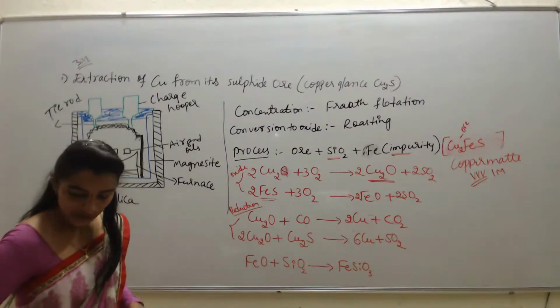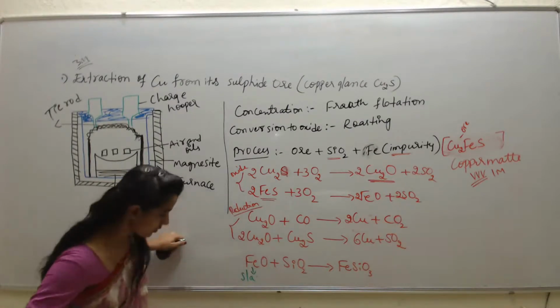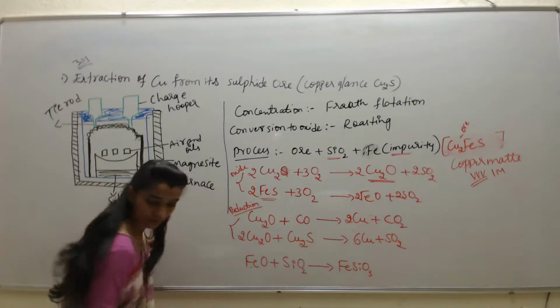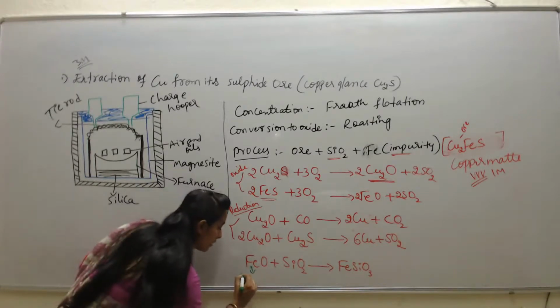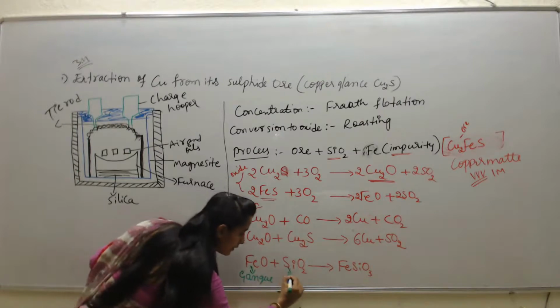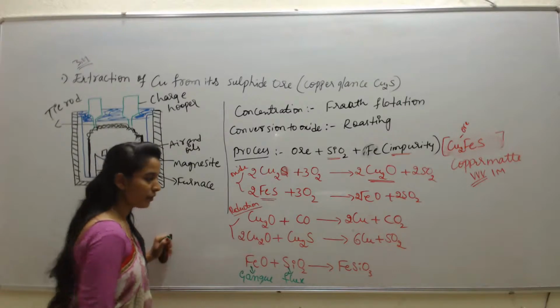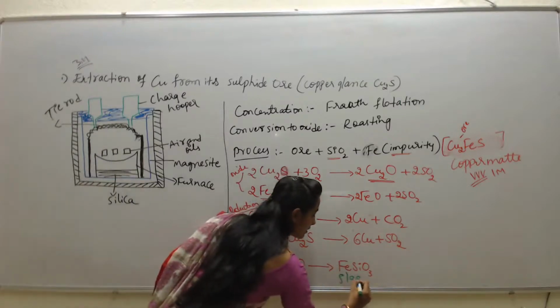Yes students, this is the impurity, that is gangue. This is the gangue particle. This is the flux. We use silica to remove this FeO, and this one is slag.